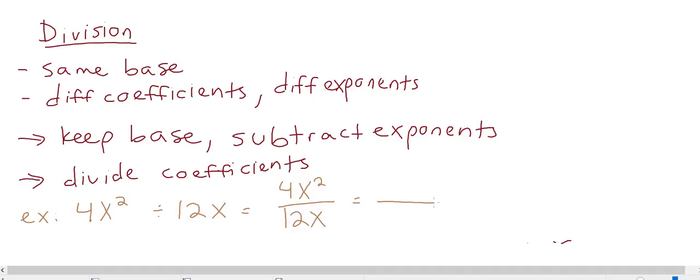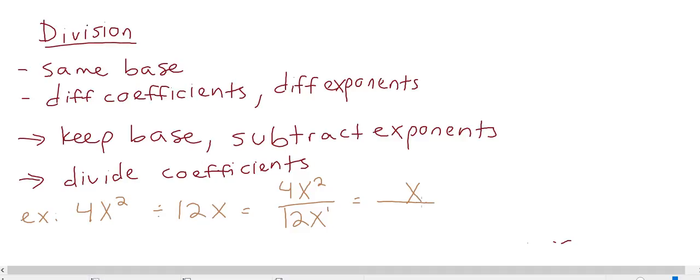Whichever exponent is bigger, that's where the variable stays. The x squared is in the numerator, so we do 2 minus 1, and we keep the x in the numerator. If we had the bigger exponent in the denominator, let's say we had 4x over 12x squared, then we would keep the x in the denominator. But in this case, the x stays in the numerator because x squared is bigger than x to the 1.